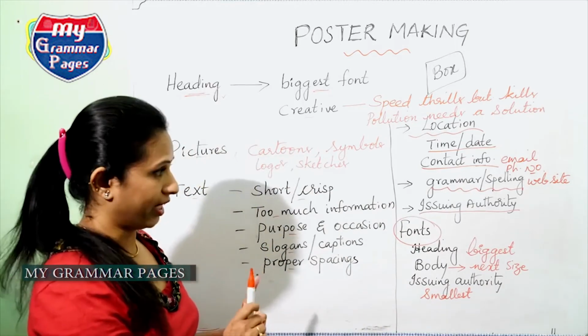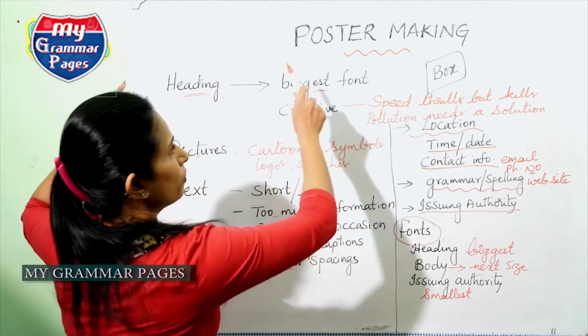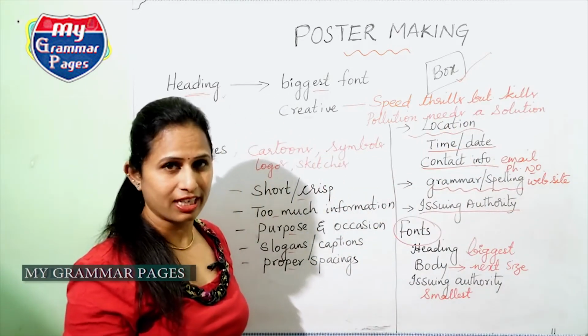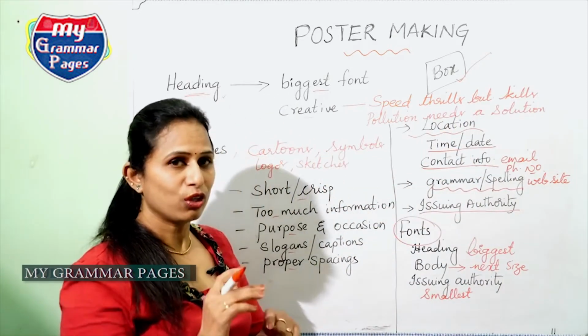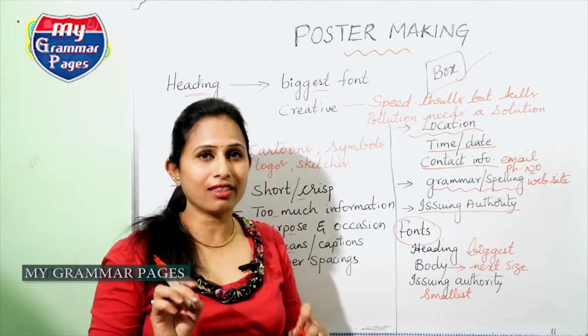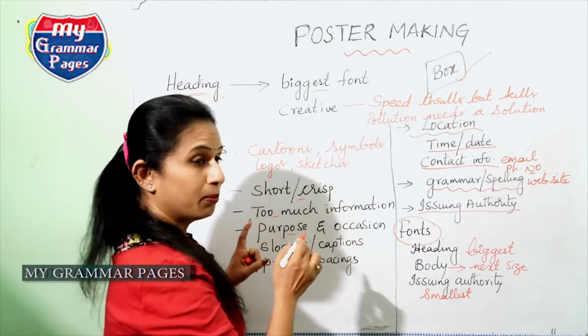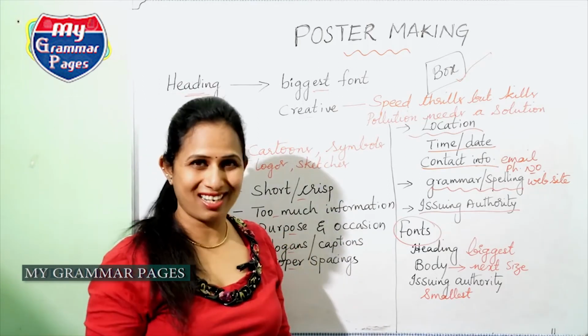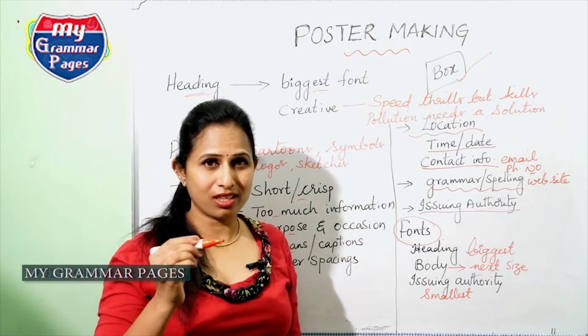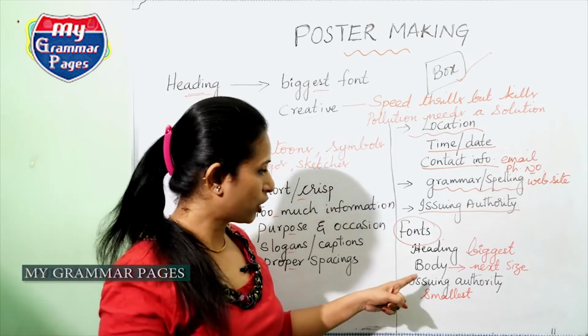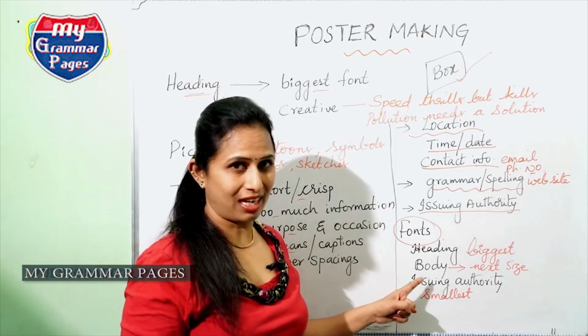So, after writing this, you need to put a box. Box is mandatory. Once again, I'm telling you, you have to close it in a thick black outlined box. And make sure that it is not clumsy. When you are using the colors, make sure that there shouldn't be too many colors. There shouldn't be too many font sizes.